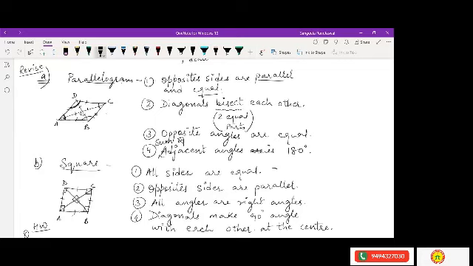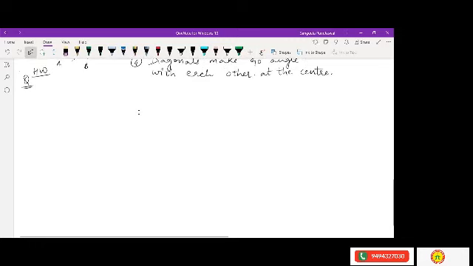Revise about parallelogram and square, and take a question for homework. That is, I'm writing here.